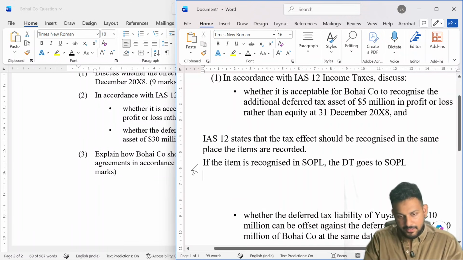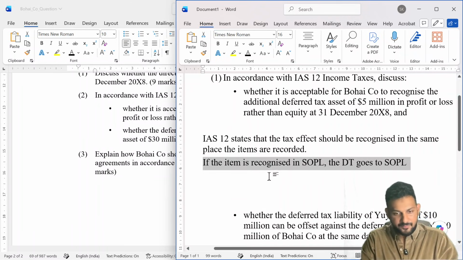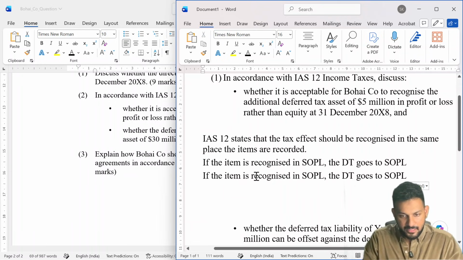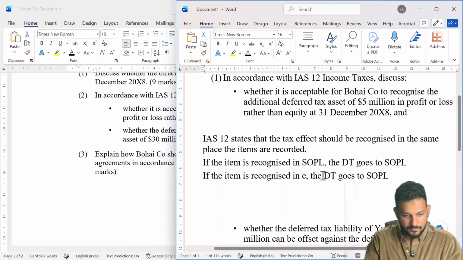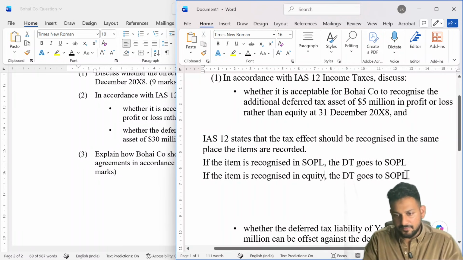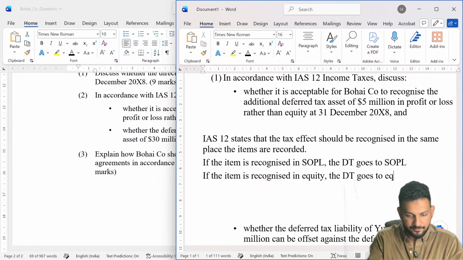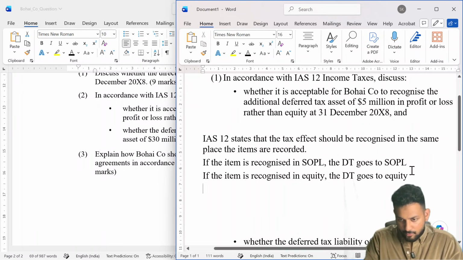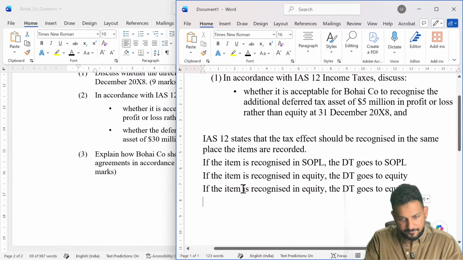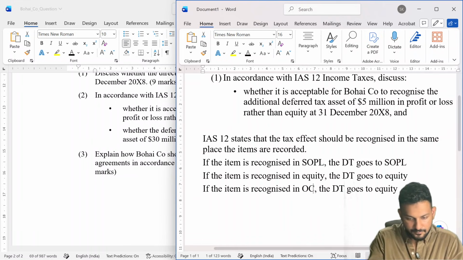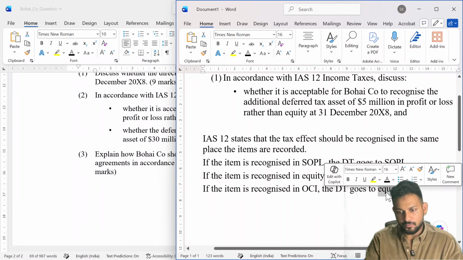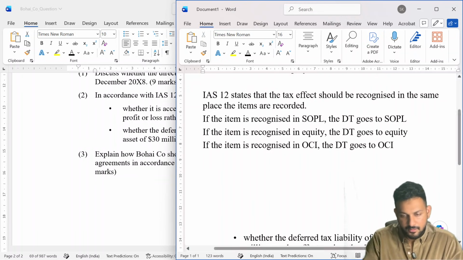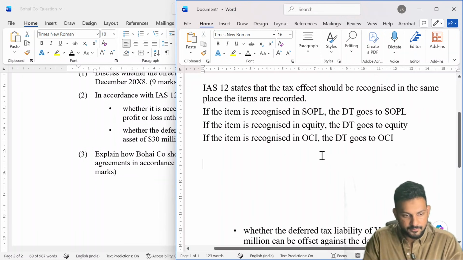Secondly, if the item is recorded under equity, the deferred tax goes to equity. And one more, if the item is recorded under OCI, the deferred tax will go to OCI. Okay, just an introduction.